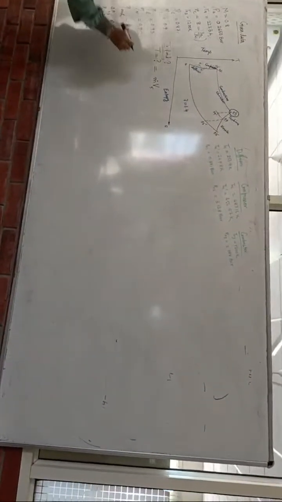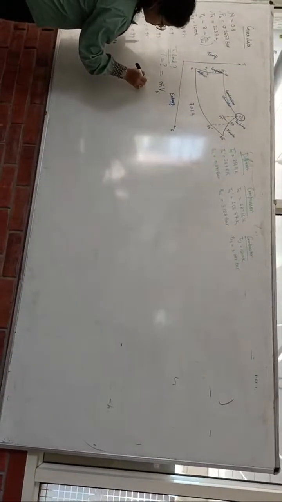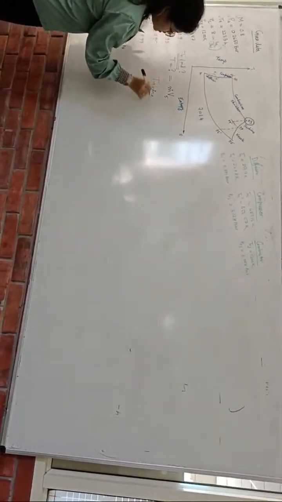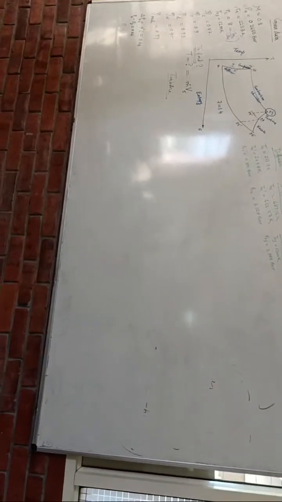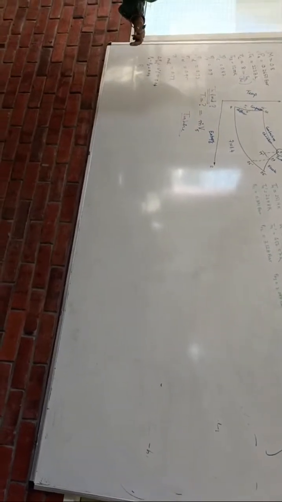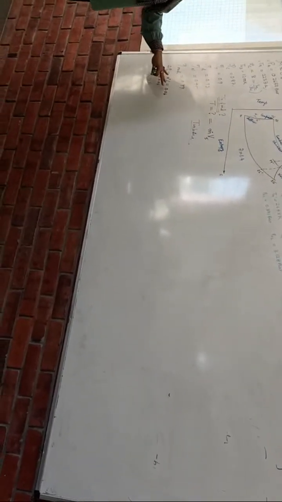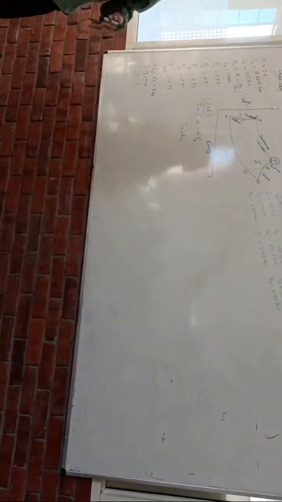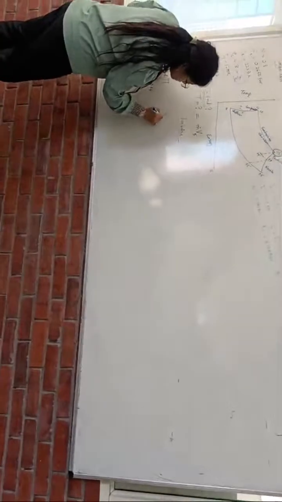What is the mechanical efficiency? 0.91. The turbine is a component that drives the compressor, and there is some transmission loss between the turbine and the compressor. That is the mechanical efficiency.